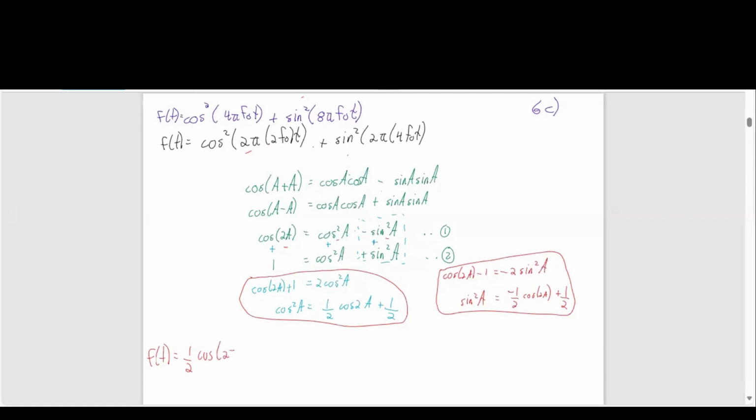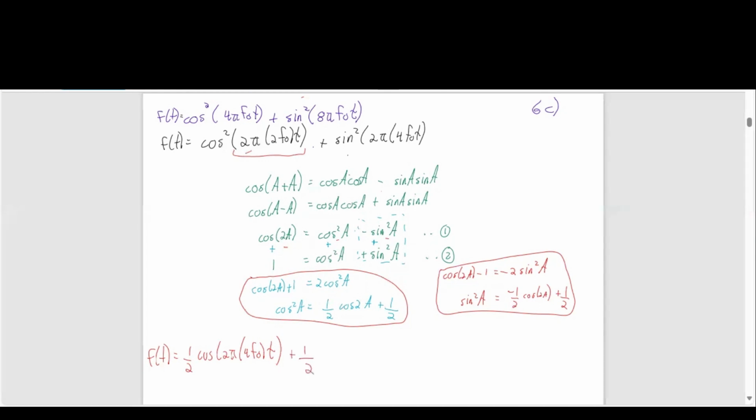So it'll be 2 pi, and then that will go to 4 f naught t. Okay, I had to multiply by 2. A is everything inside the bracket, right? So obviously we know the 2 pi will stay. So you can just multiply it by the harmonic. Right, so then it'll be plus a half.